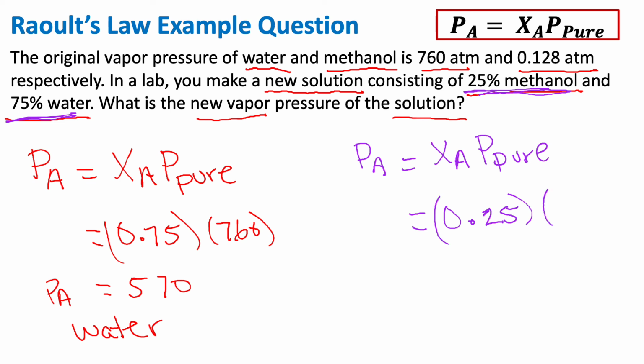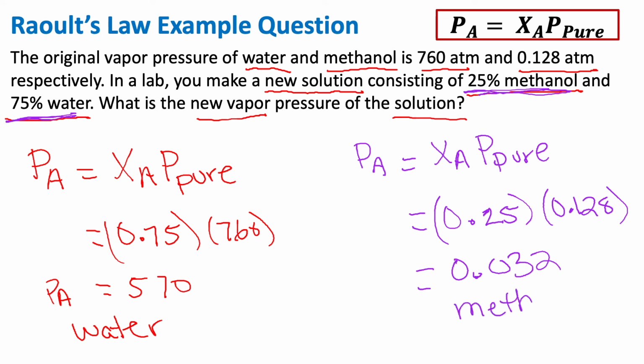And then for P pure for methanol, the question gives it to us as 0.128. Because remember, P pure is the original vapor pressure. So if we multiply these two values together, 0.25 times 0.128, we get 0.032.